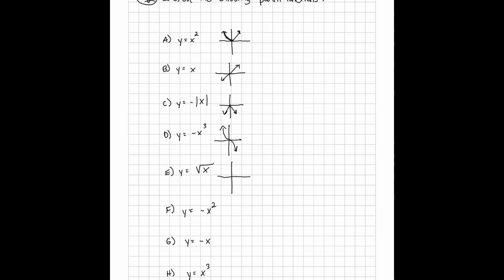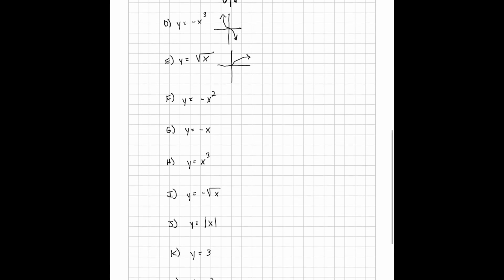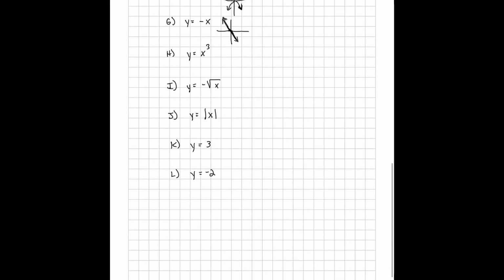Square root function. That is an upside down quadratic opening down. And G is going downhill through the origin, a line. Goes right through the origin. And then H is a positive cubic.